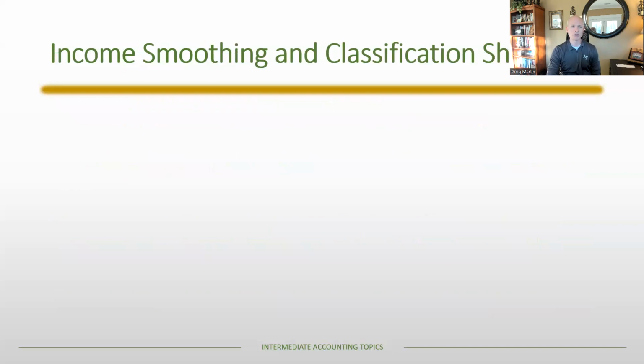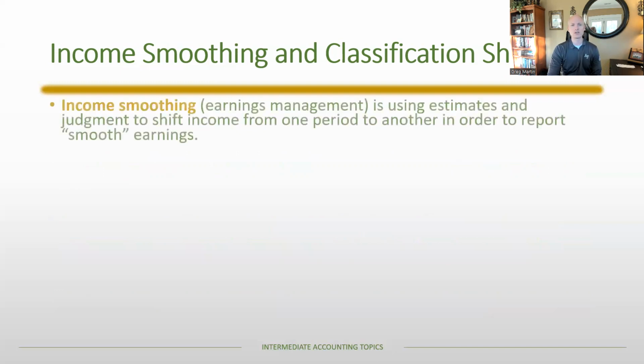All right, let's talk about two factors that I think can complicate understanding earnings quality, and that's income smoothing and classification shifting. When we talk about income smoothing, another term you may have heard is earnings management. Basically, as you've probably already started to figure out, there's a lot of estimates and judgment that we use in the accounting process.